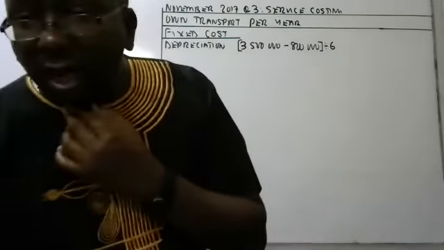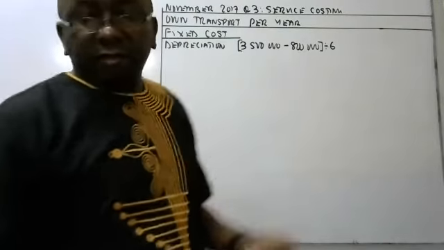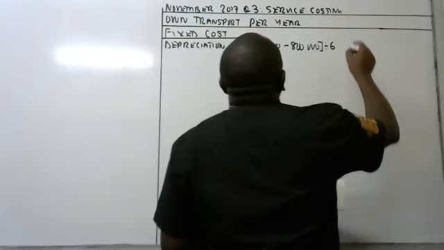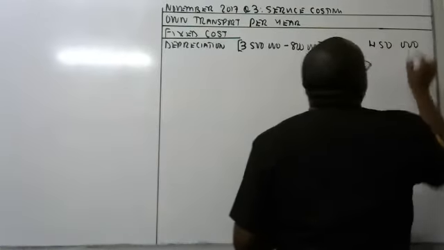Yes, according to Alfred, is that 450,000? Yeah, 450,000. So the annual depreciation is 450,000.